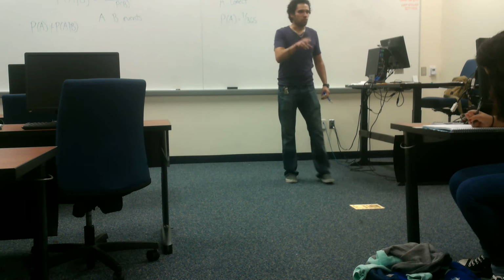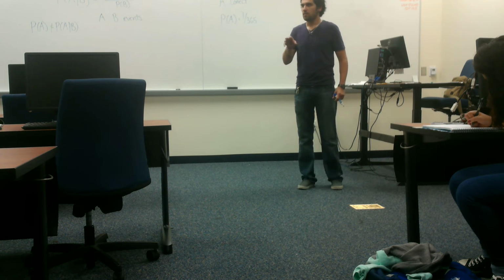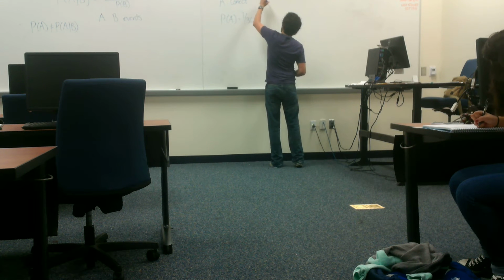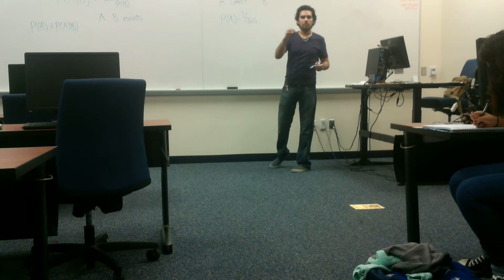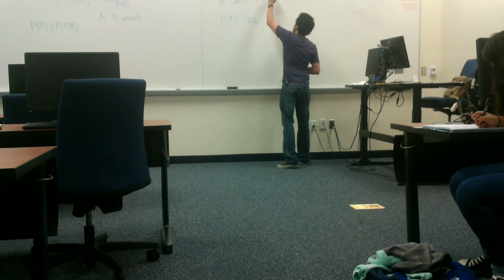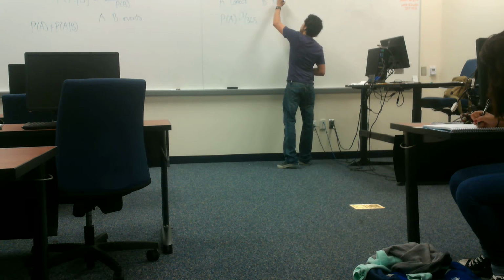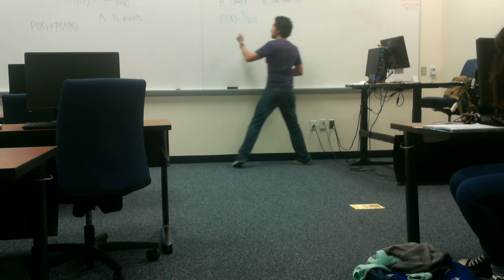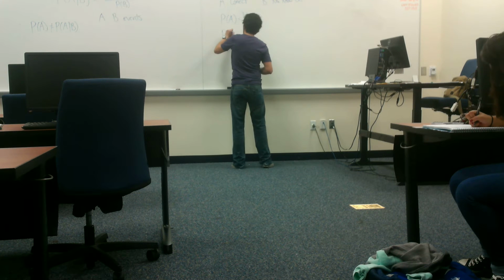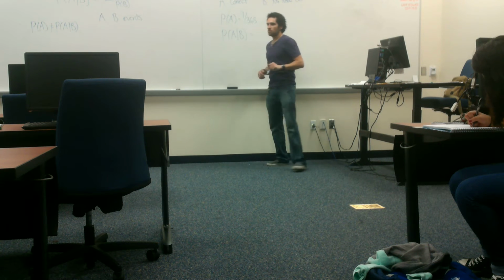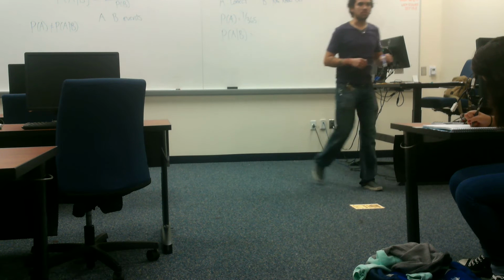But what if I give you the fact, or a second event, B? What if I tell you that my birthday is in October? So we have this second event, which is that you know my birthday is in October. Well, we can write this statement as the conditional probability of A given B. And as we'll see, the probability changes.